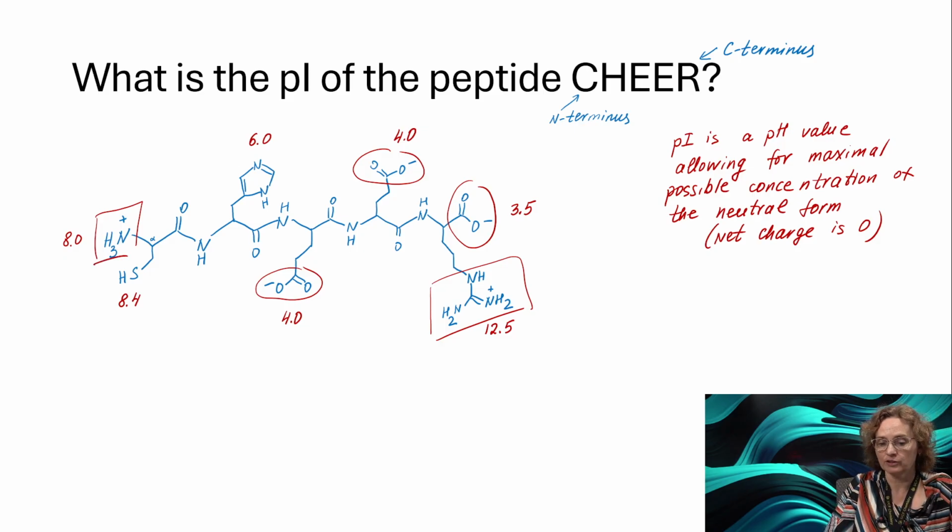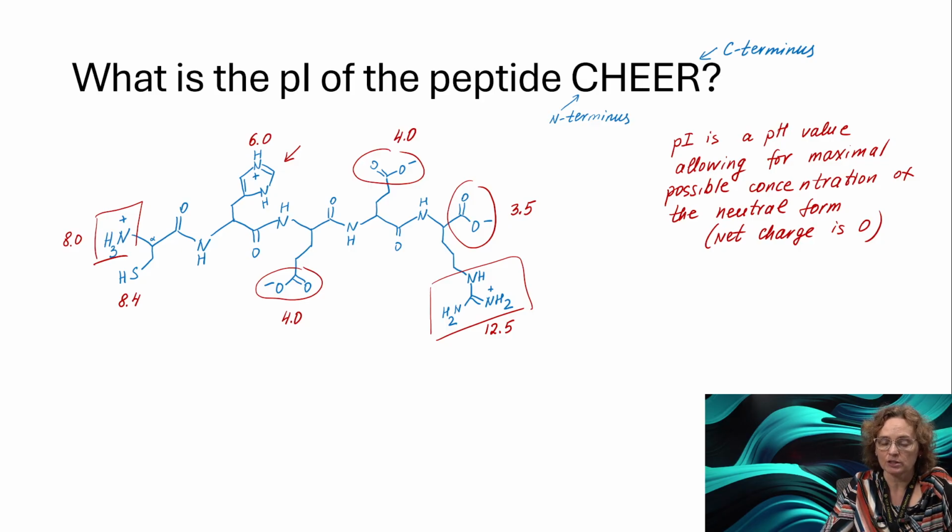In order to have a net charge of 0, we just need to protonate one group, right? And the only group that we can protonate without messing up other groups would be this histidine group. So we pretty much need to put this proton here, and now it will have another positive charge. So now we have 3 positive charges, 3 negative charges.